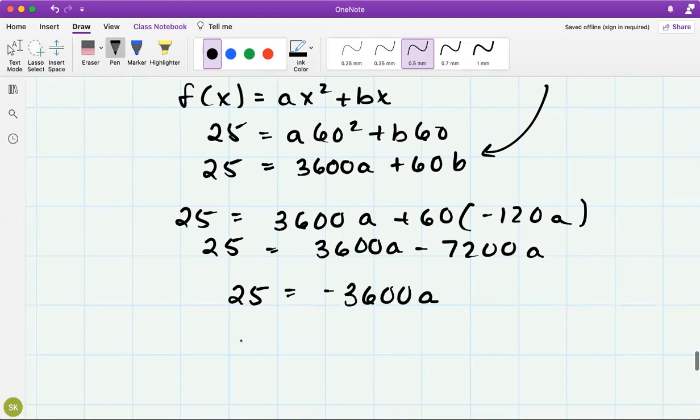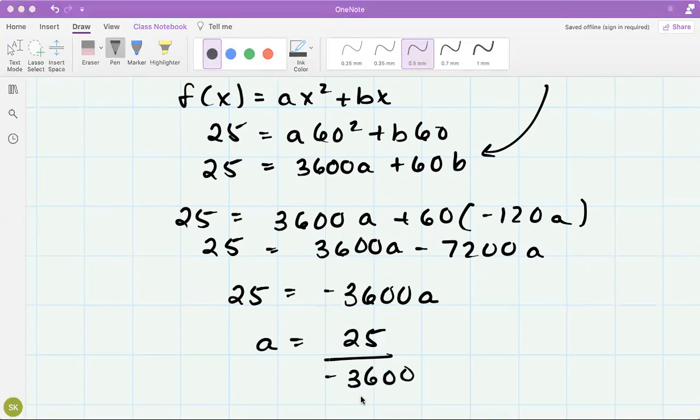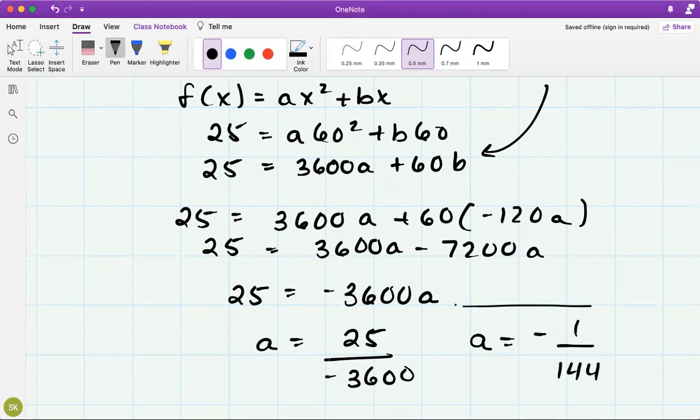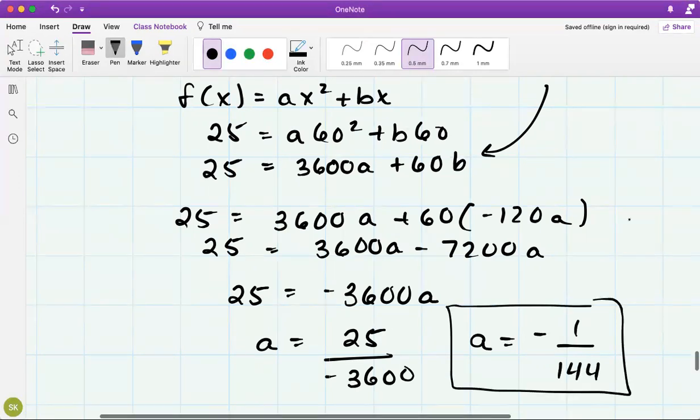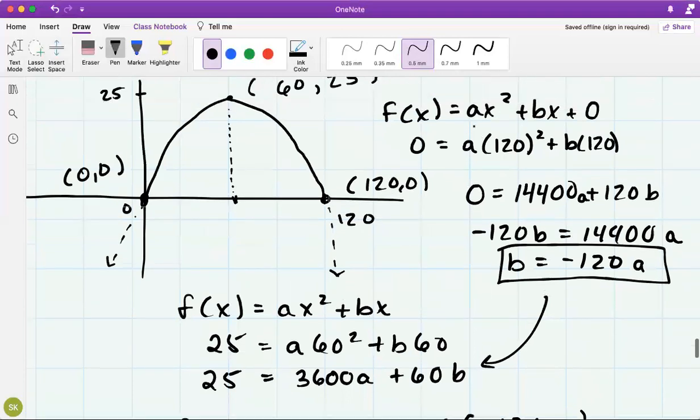Then we divide, and a is equal to 25 over negative 3,600. Let's see if this is divisible by 25. It is, so a simplifies. If we divide the top and bottom by 25, we get negative 1 over 144.